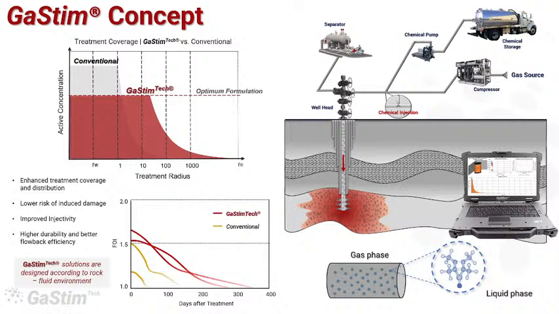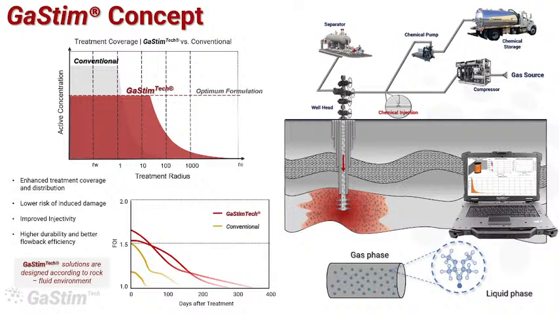We can usually get to 10 feet into the reservoir, or probably 20 feet at most. However, when we use the gas as a treatment carrier, we can get way deeper into the reservoir, overcoming the hundreds of feet into the reservoir.